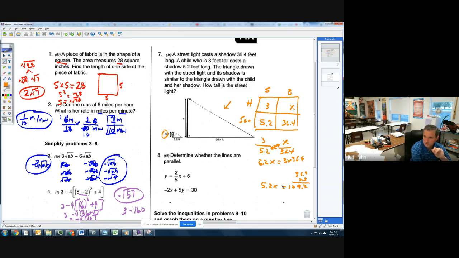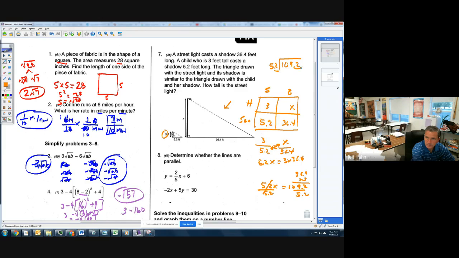What's the chances this is all going to work out nicely? Somebody say please. Divide by 5.2. I'll do that up here. 109.2 divided by 5.2.